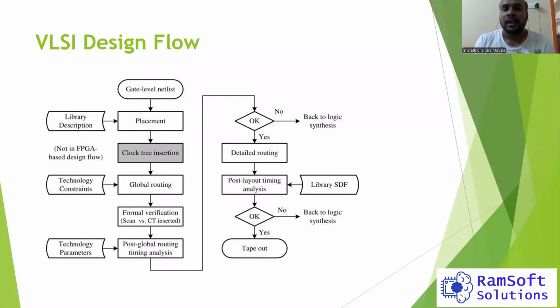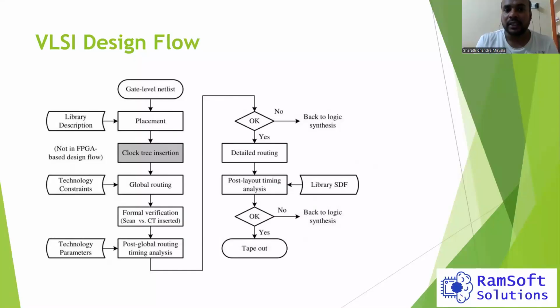Most of the time, before the global routing, we have different types of STA. We have graph based STA, and we have PBA also. So before global routing, we go for one, and after that we go for another, right?